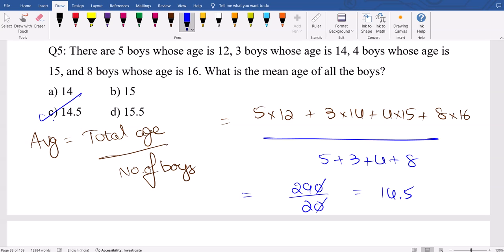Let me recheck: 120 and 128, we got 248. 248 plus 42, it's 290 only. No, nothing wrong.